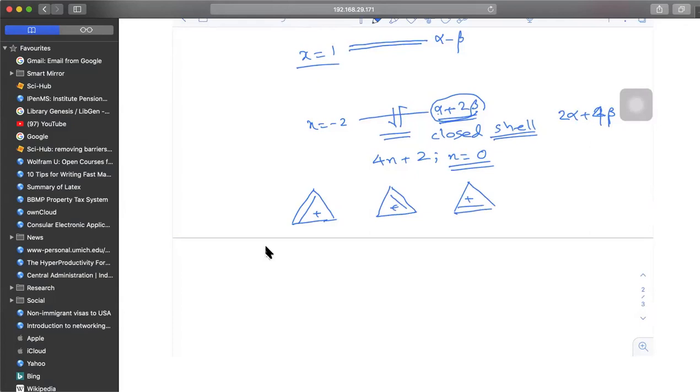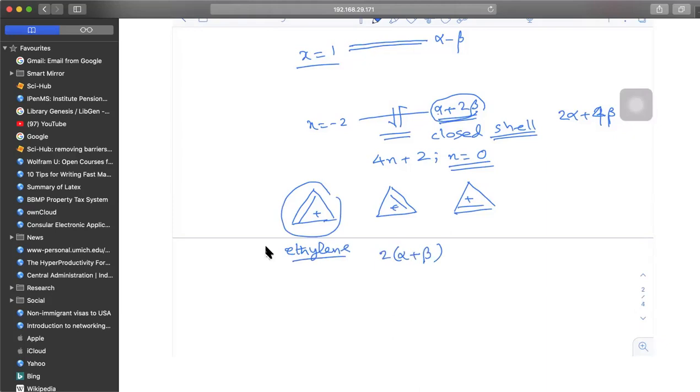Now, this particular structure has one double bond. And according to our understanding, this is an ethylene-like bond. And you should remember that the energy of the ethylene-like bond is 2 alpha plus 2 beta.